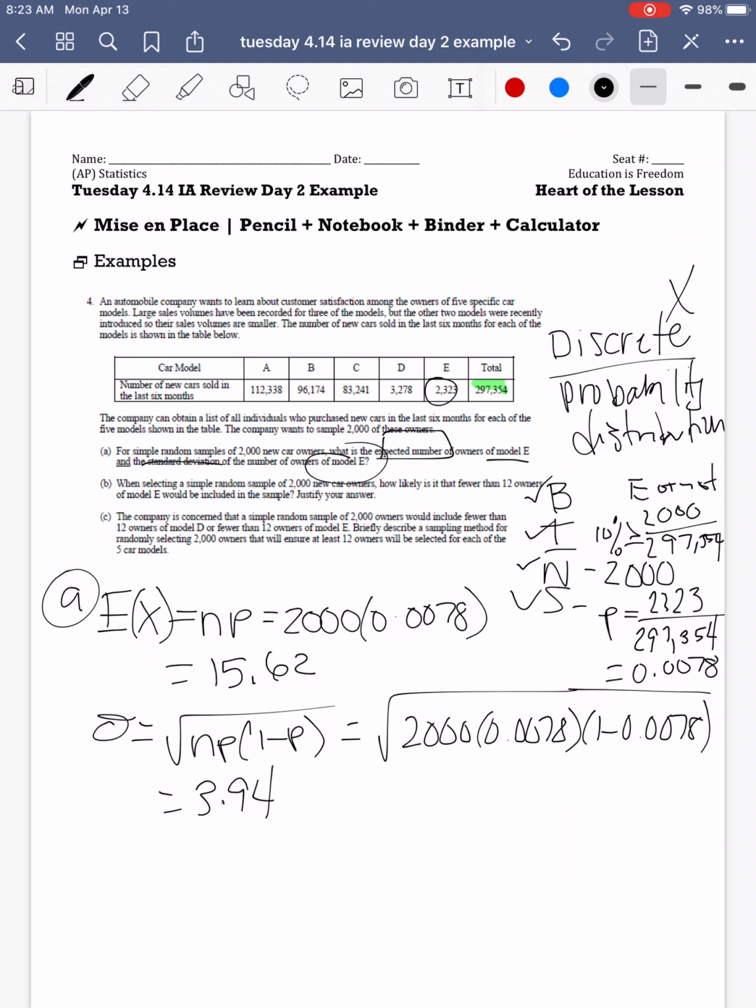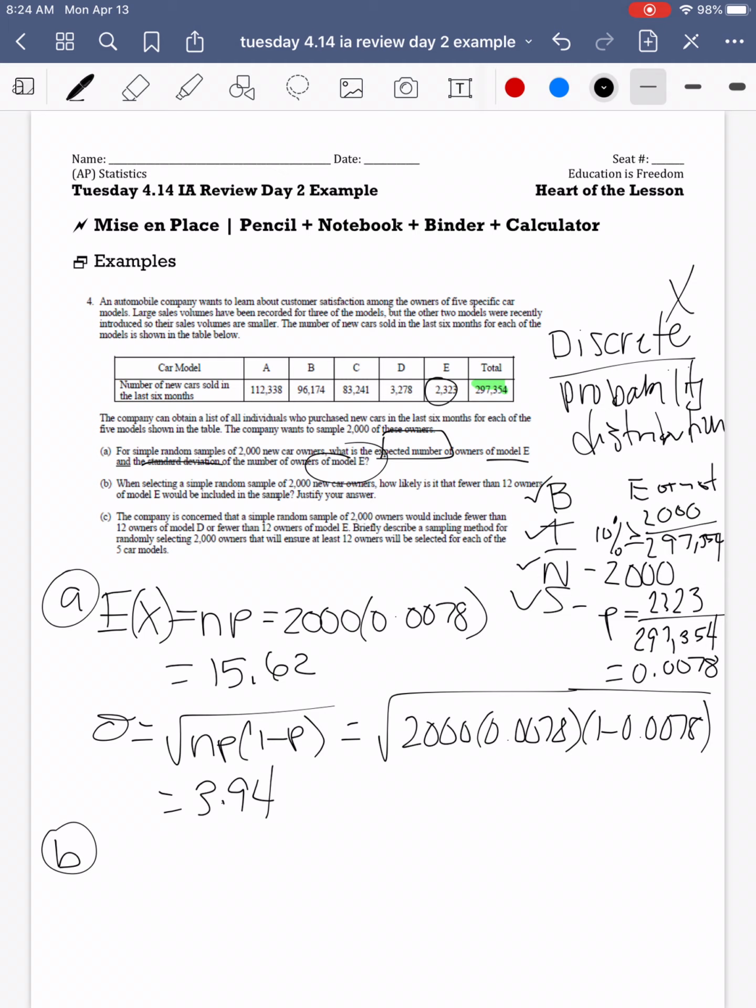So part B: when selecting a simple random sample of 2,000 new car owners, how likely is it that fewer than 12 owners of Model E will be included in the sample? Justify your answer. Okay, well, since we've already determined that this is a binomial random variable, we're going to find probability just like how we always do for a binomial random variable, either using binom CDF or binom PDF.